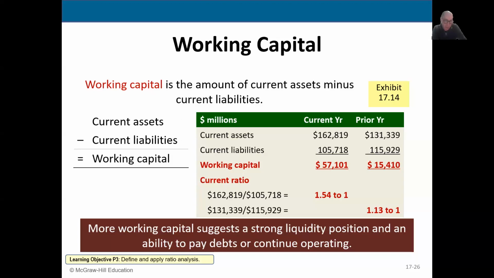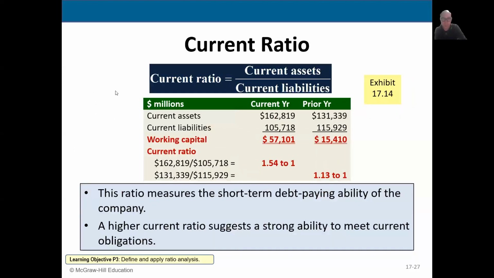It tells us how much cash we have to work with. It suggests the liquidity position of the company and its ability to pay its debts or to continue operating. Working capital, it's what's left over. It's the cash to work with. Working capital, very important ratio.